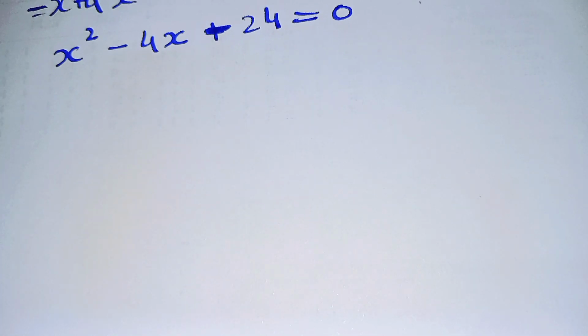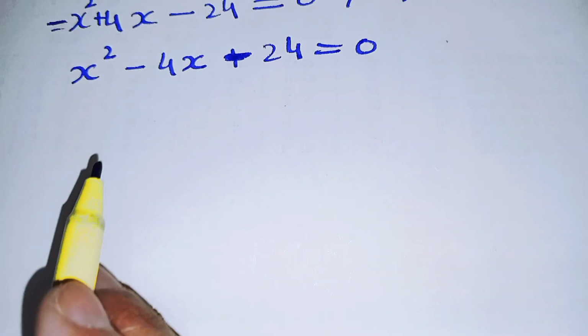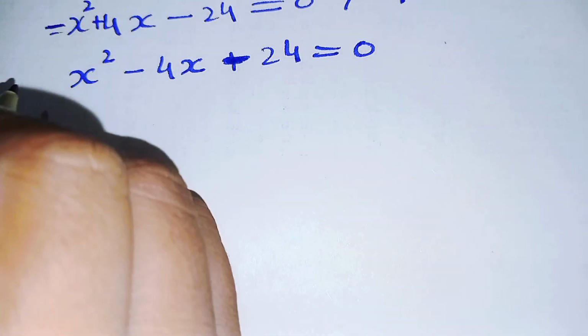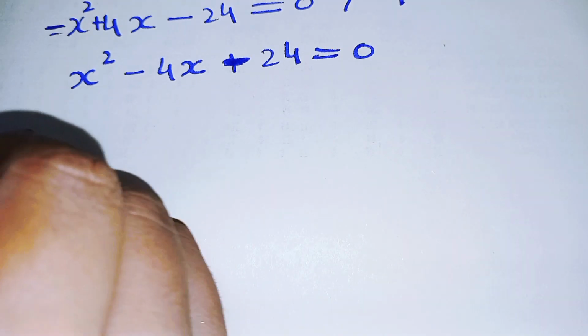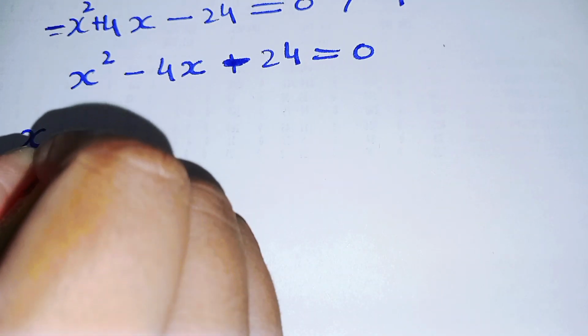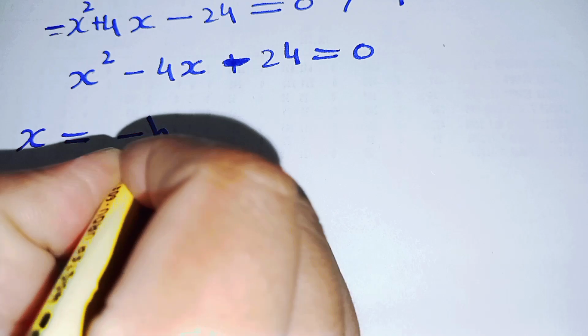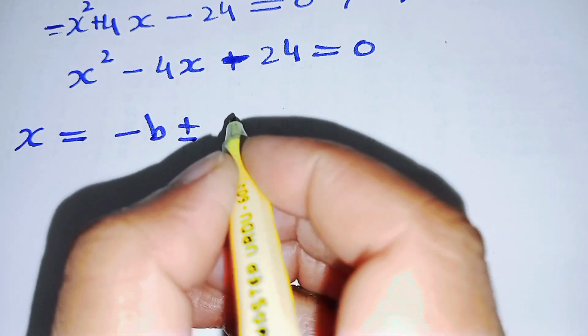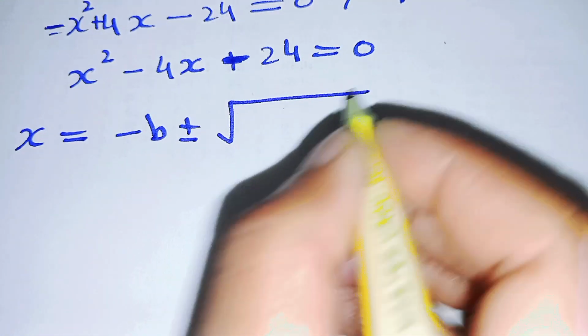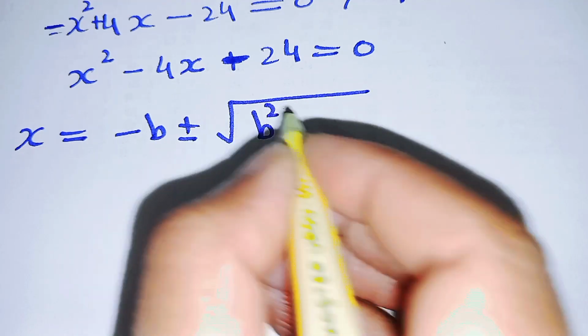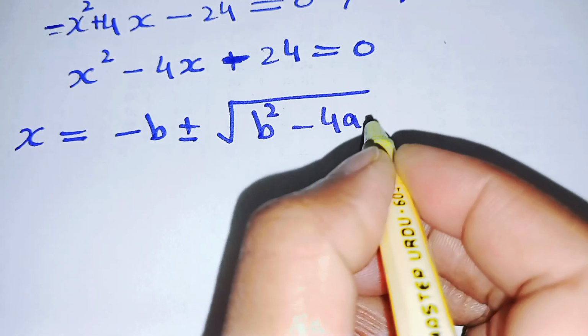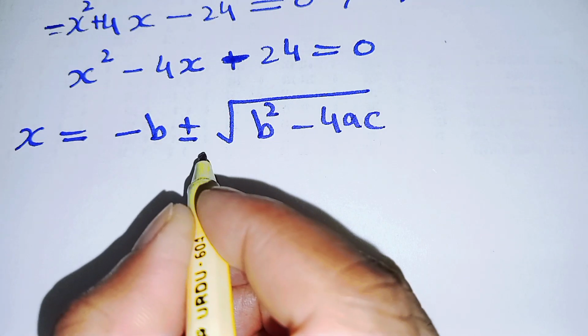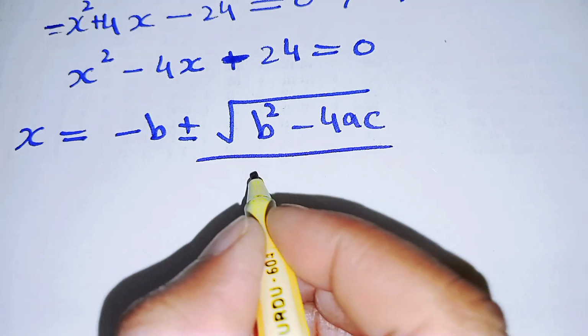We solve this with the help of the quadratic formula, x is equal to minus b plus minus square root of b square minus 4ac, over 2a.